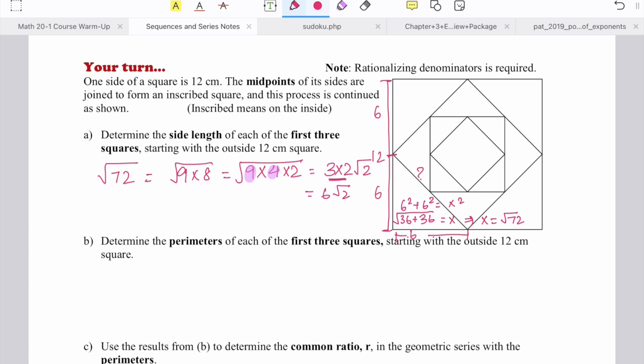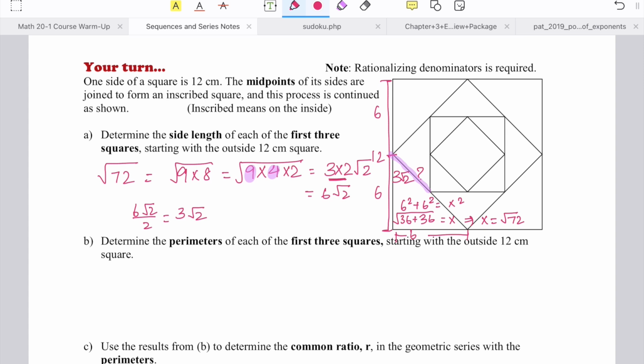So this side right here would be half of 6 root 2. Half of 6 root 2 is? Six divided by 2 is 3, so it'll be 3 root 2, right?